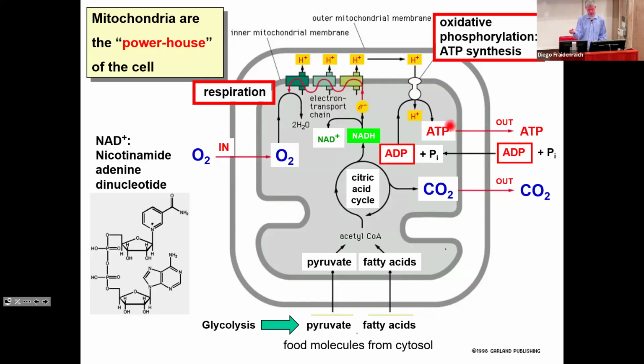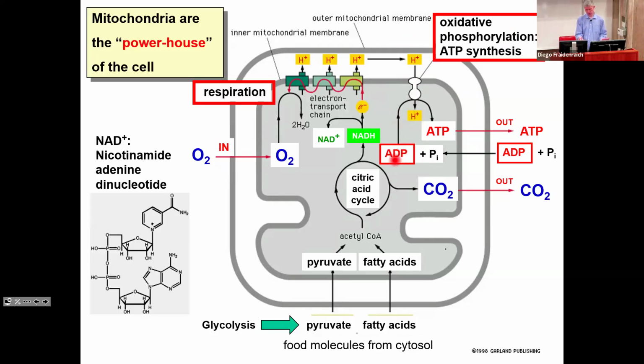And at the same time, these protons here will be pumped back into the matrix by the oxidative phosphorylation complex. This protein is pumping protons into the matrix, and that helps to generate ATP from ADP.